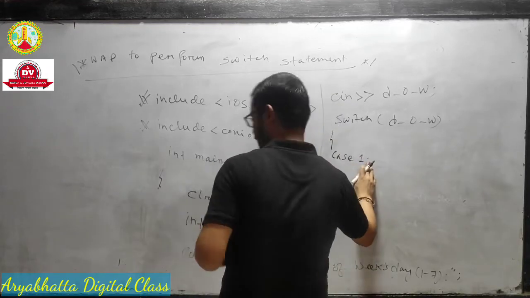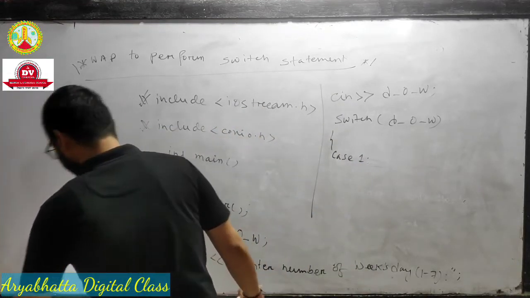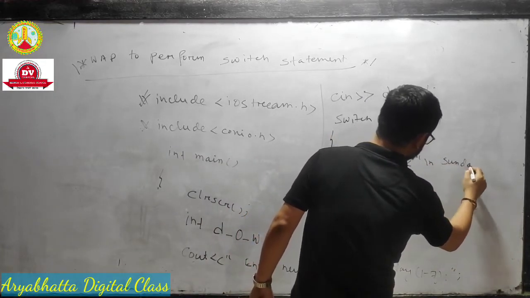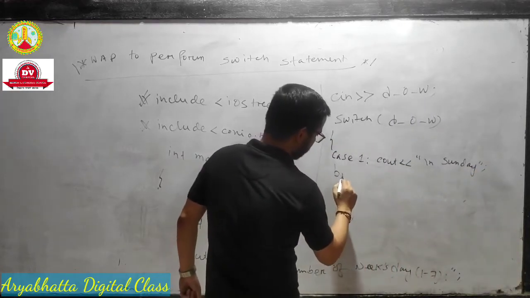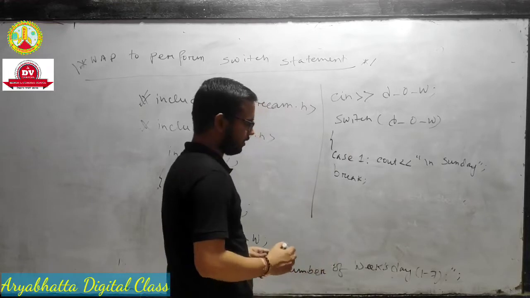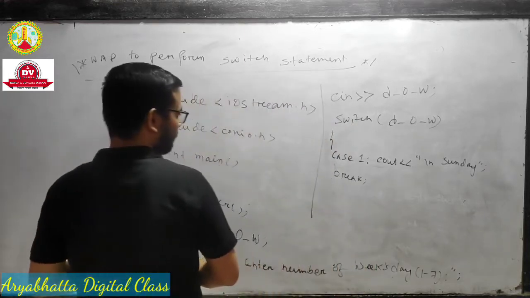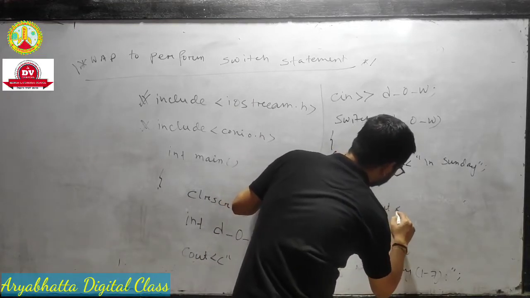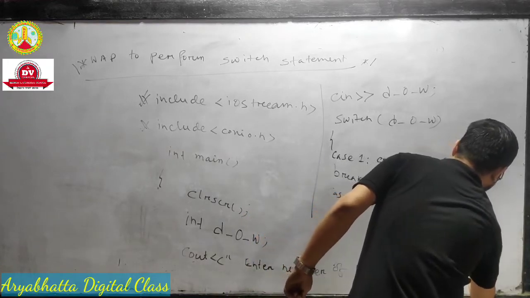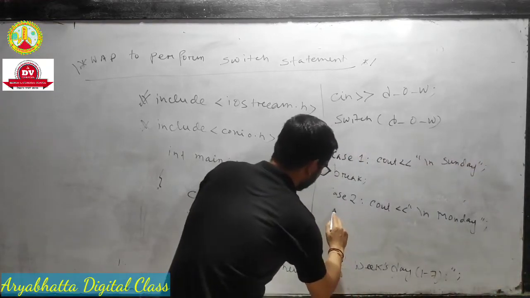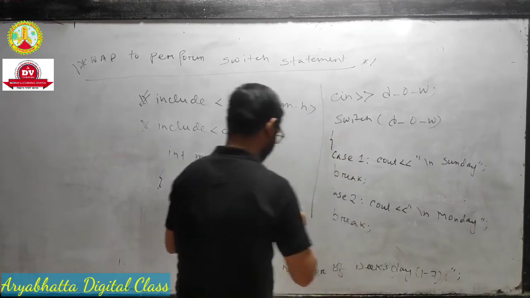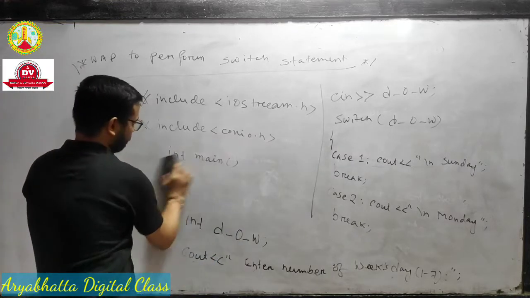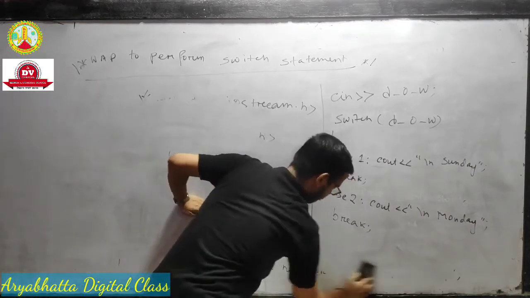If case 1, cout Sunday, and this is the break statement. I will teach you that at the end of the program. And case 2, Monday. Like this we write.